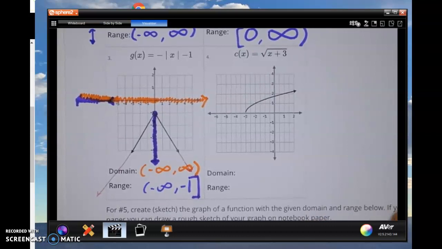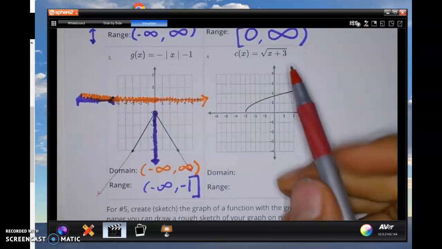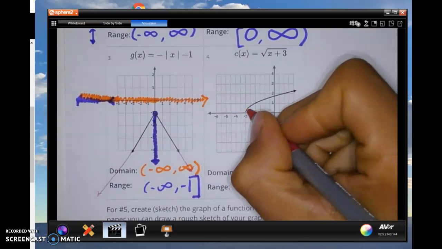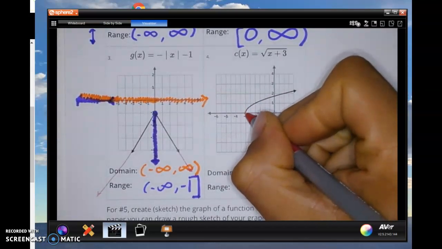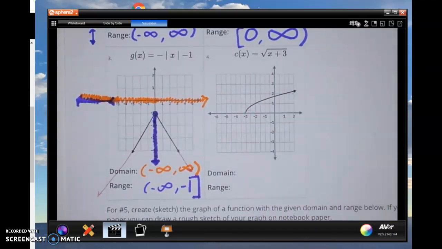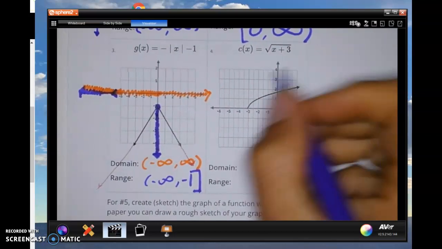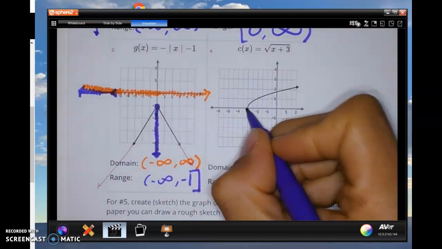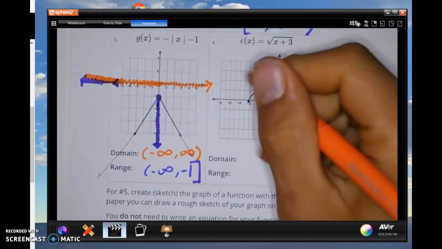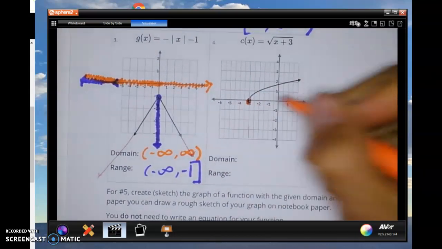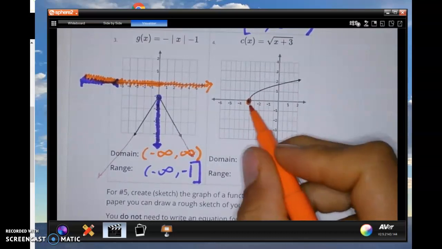Now for number 4, the graph looks a little different, and notice I'm actually going to draw this down a little bit. The computer cut off some of it. So when we're looking at our domain, the furthest left we appear to go is -3.